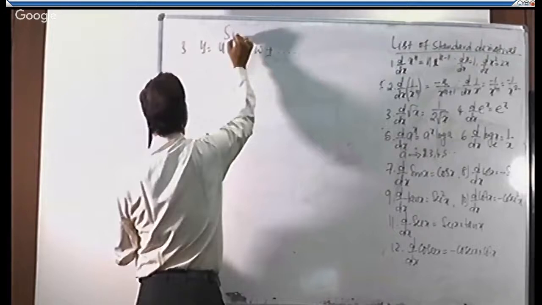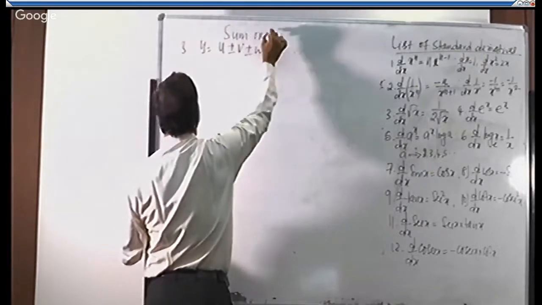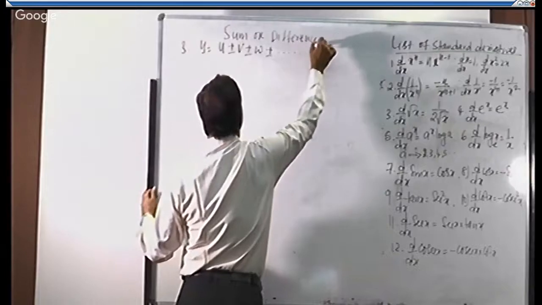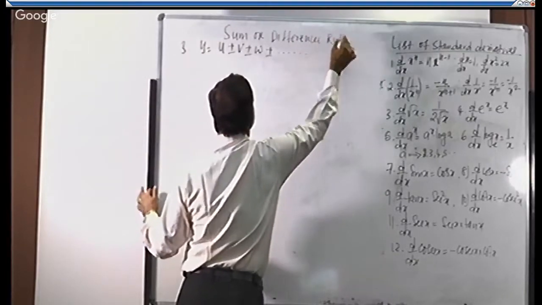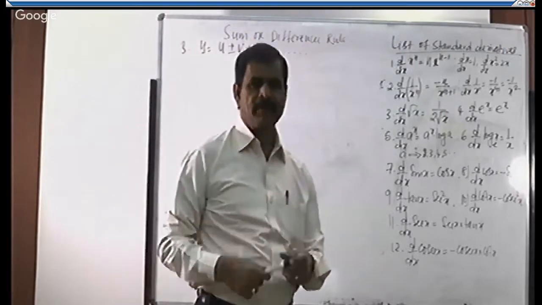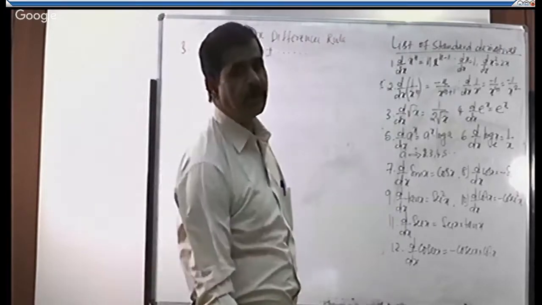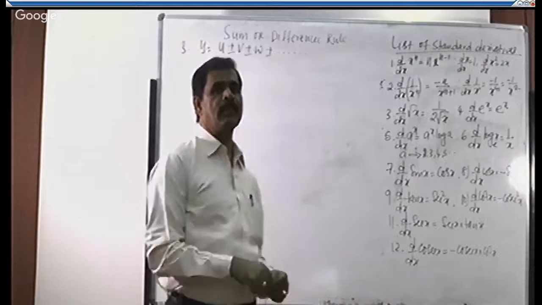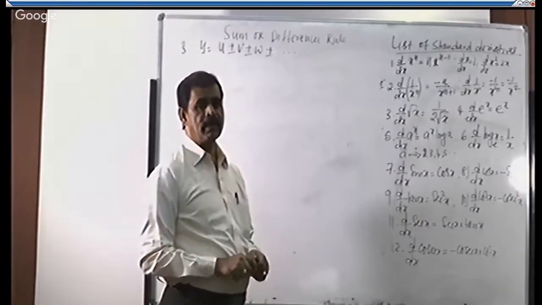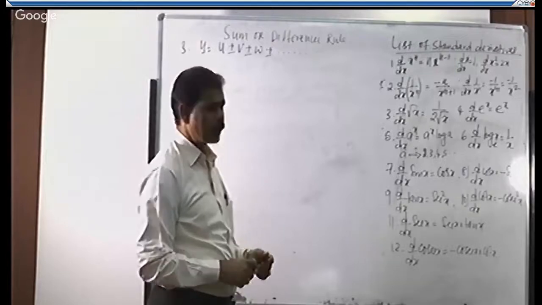It is called the sum or difference rule. What is the first rule? Differentiation of a constant is 0. What is the second rule? Differentiation of a constant into a function: keep the constant as it is, differentiate the function with respect to x.